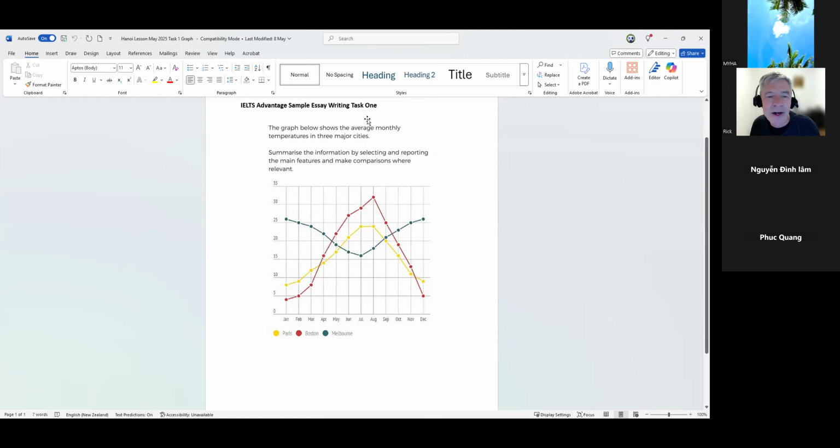Instead of the word shows, what could we use? Illustrates. Correct. The graph below illustrates the average monthly temperatures.